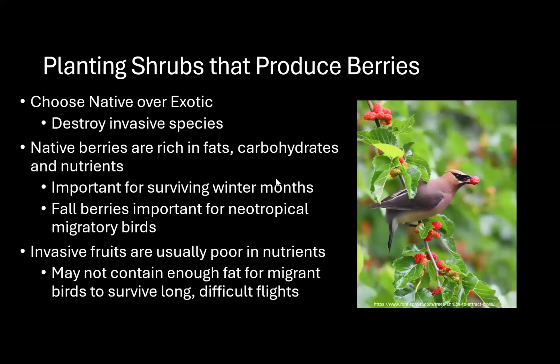Specifically, when we talk about planting shrubs that are going to produce this berry-like fruit, here are some things to think about. It's always good to choose native over exotic, and in particular, over exotic invasive plant species, okay? Because we have a lot of those in our landscape. We have a lot of things like autumn olive, bush honeysuckle.